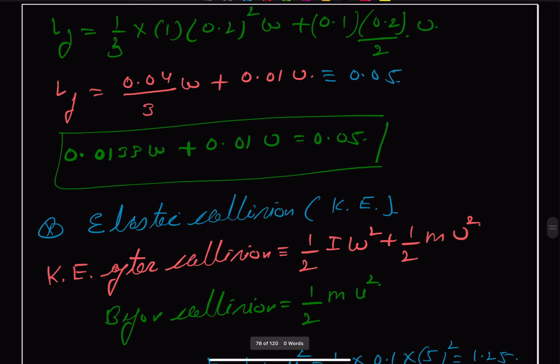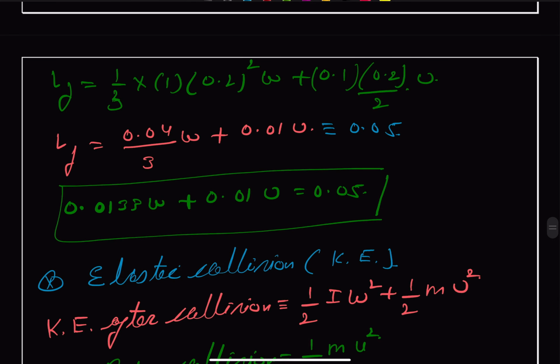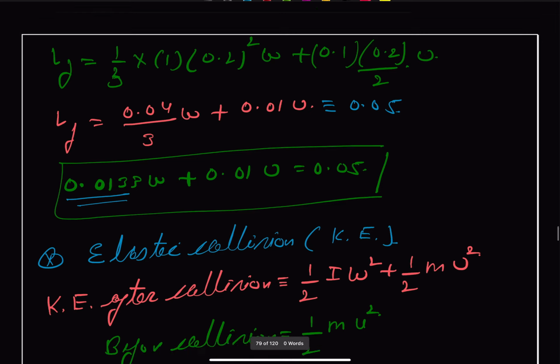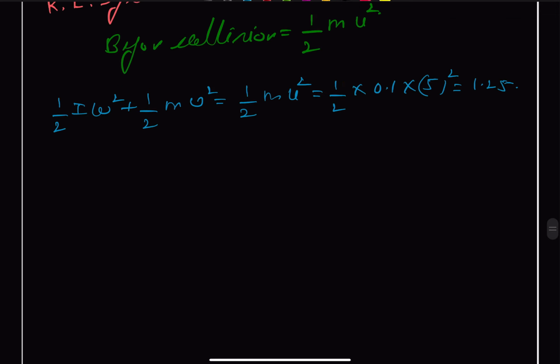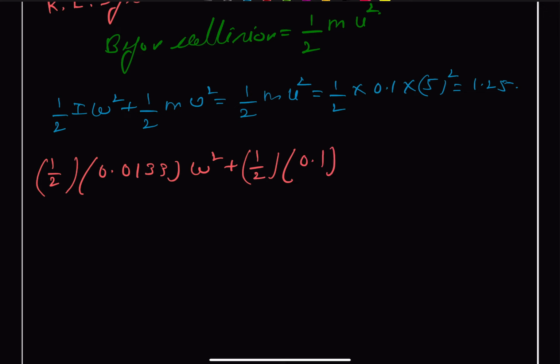So we get 1/2 times 0.0133 omega square plus 1/2 mass 0.1 and v square is equal to 1.25.